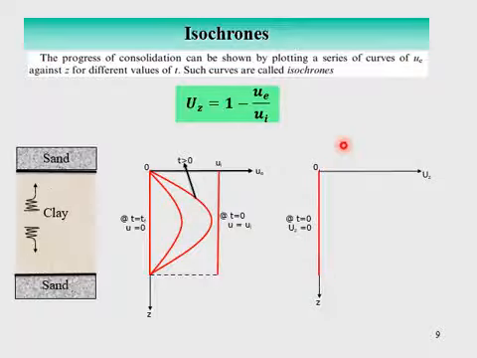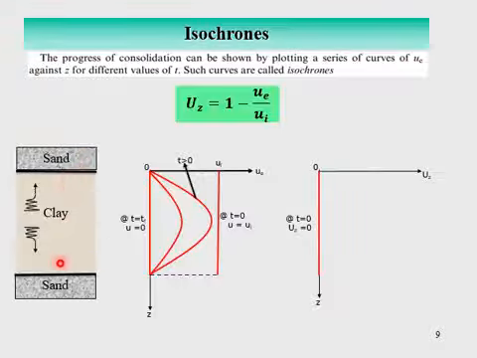And after some time, after 1 hour for example, the consolidation at the interfaces would be 100% because ue here is 0. ue becomes 0. So Uz at these 2 points would be equal to 100%. You see here at the interface ue is equal to 0, Uz becomes 1 or 100% at the interface.